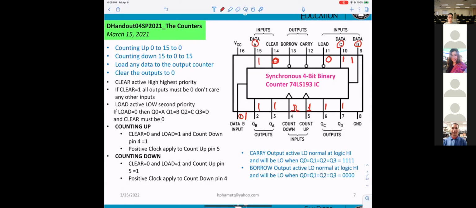So in the transition from high to low, is it sensitive to when the clock changes from 1 to 0?